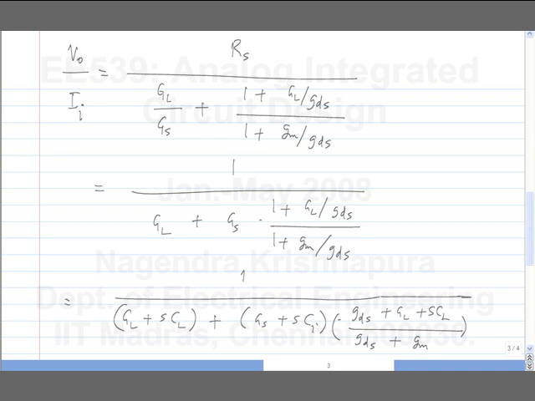Yeah. So the DC gain gets modified slightly because of GDS, and the poles also will get modified slightly because of GDS.